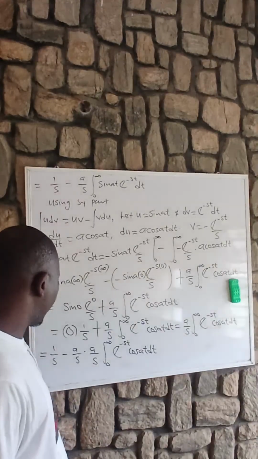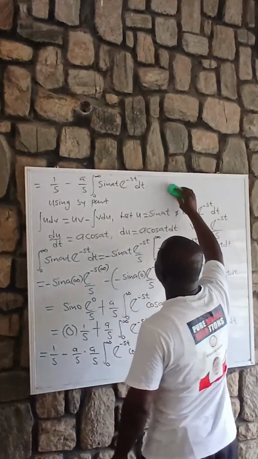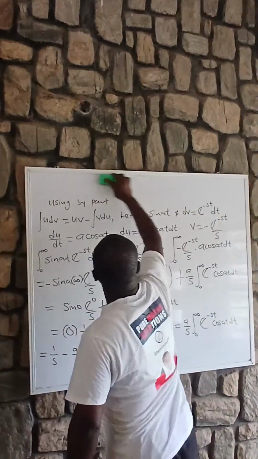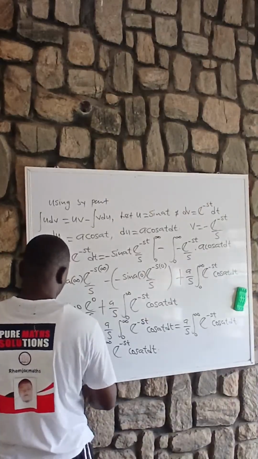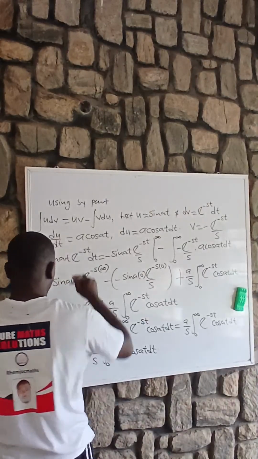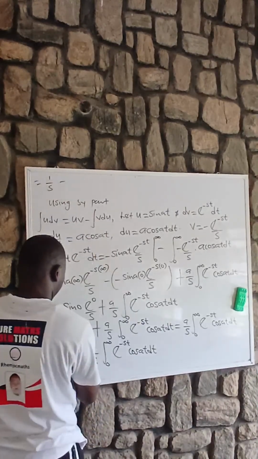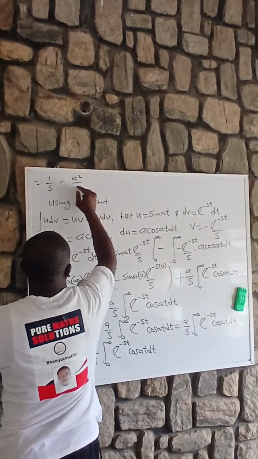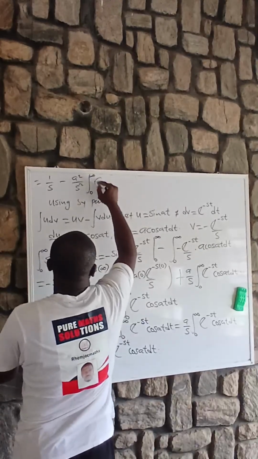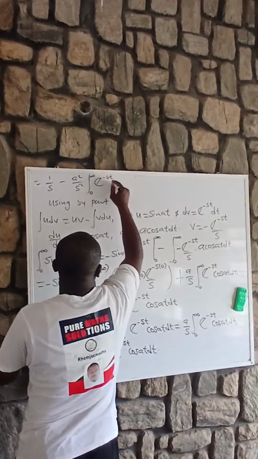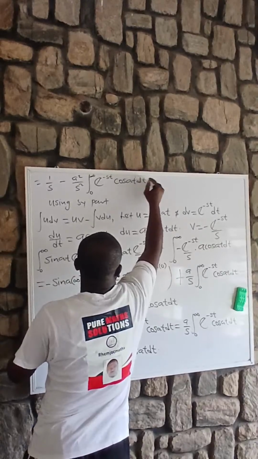So if you can see what I am saying, here we are going to have this. We will still use parts here. So this is equal to 1 all over s minus a squared all over s squared, integral 0 to infinity, then exponential minus st cos at dt, right?